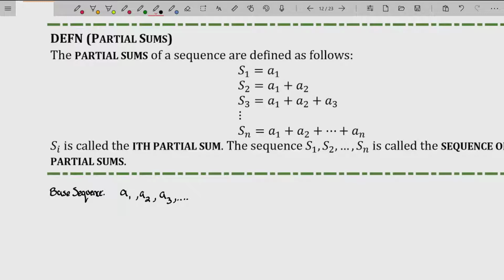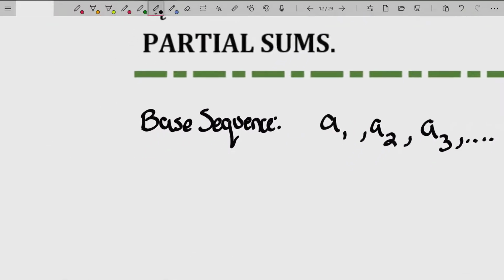However, because we can create this sequence of partial sums, S1, S2, S3, S4, S5, all the way down to Sn, or however far we want to go, we have a secondary sequence. And that secondary sequence is called the sequence of partial sums.